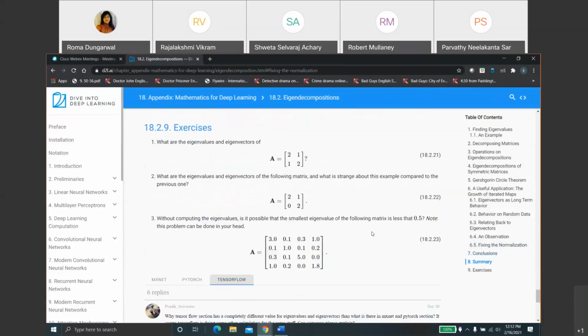Okay, since we have time, I want you guys to go over this exercise, solve this first sum and tell me what the eigenvalues and the eigenvectors are.